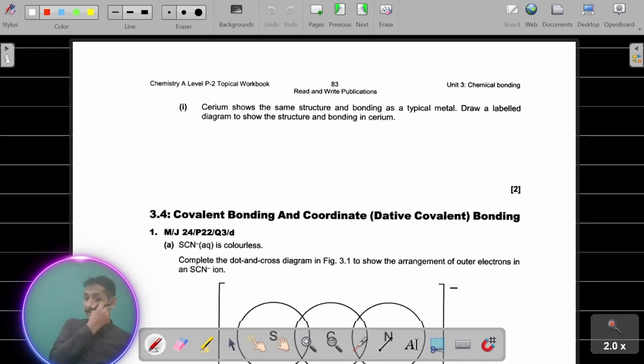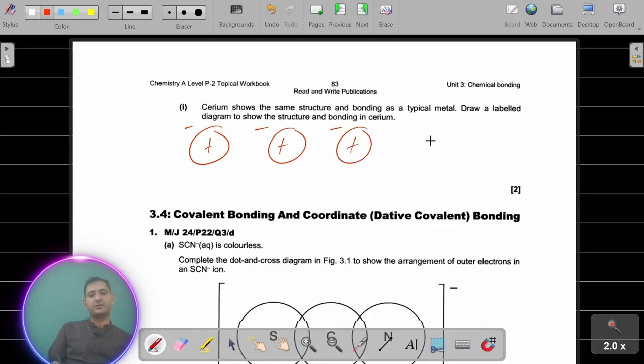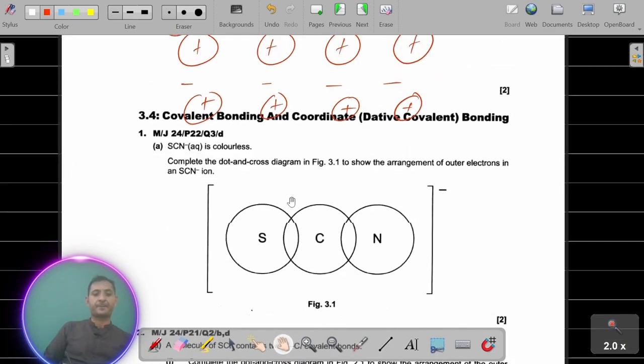I am not drawing now because we have already done this question multiple times. Positive cations with negative free delocalized electrons, positive delocalized cations. These are delocalized electrons, free electrons, mobile electrons as well.